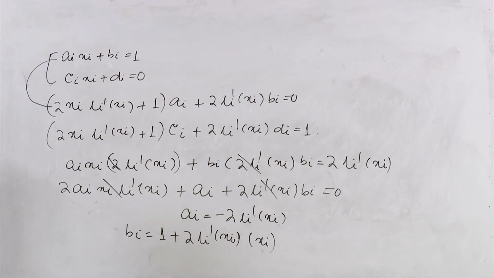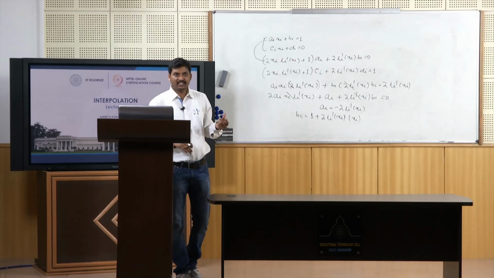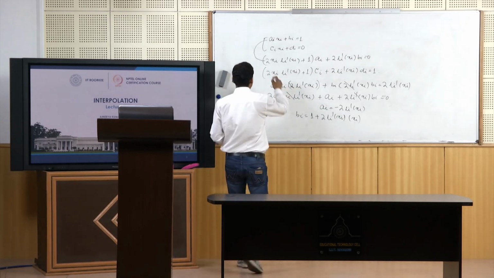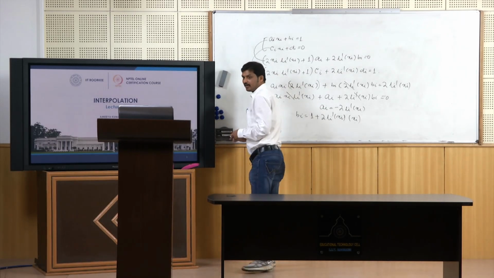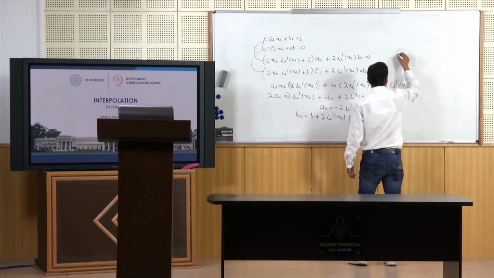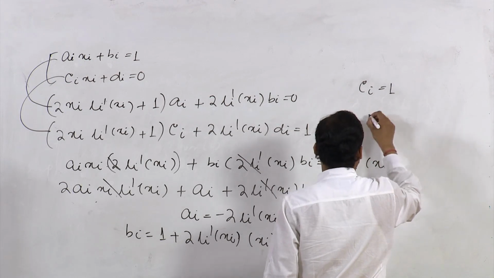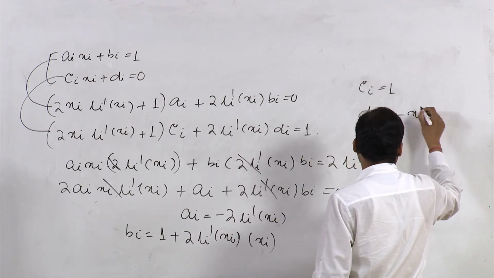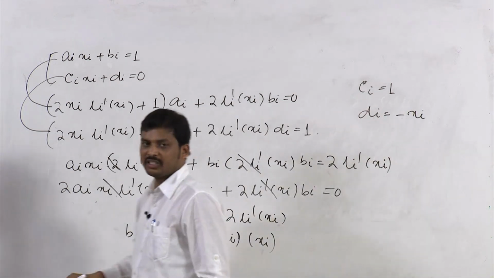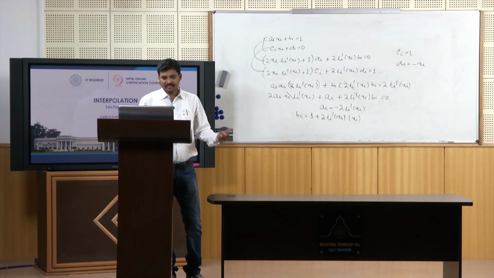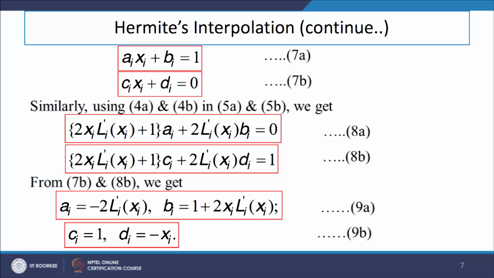Similarly, if you will just eliminate this ci and di from these two equations, we can just obtain ci as 1 and di as minus xi here. So just a simple multiplication if you will just do, then we can just find this coefficients ai and bi and ci and di from these 4 equations.